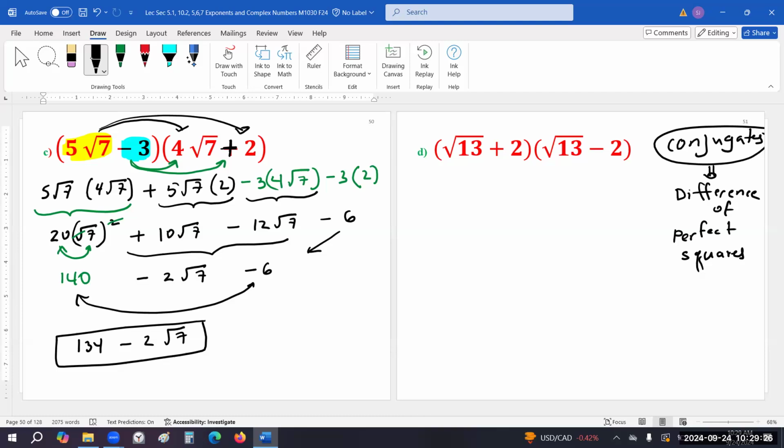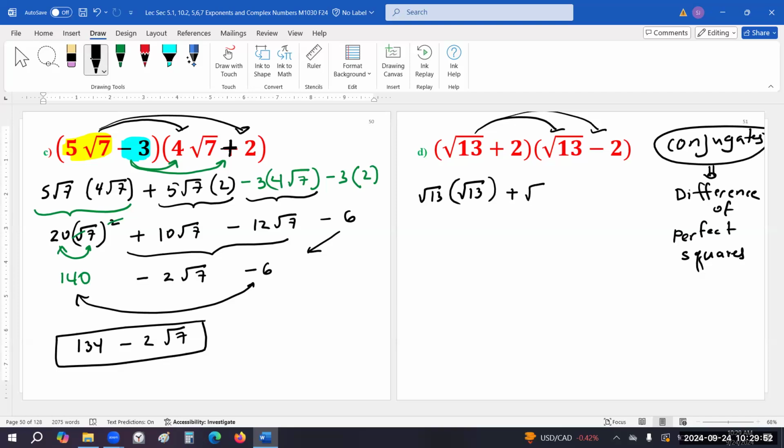Ready? Daniela, what did you do? Square root of 13 times square root of 13.